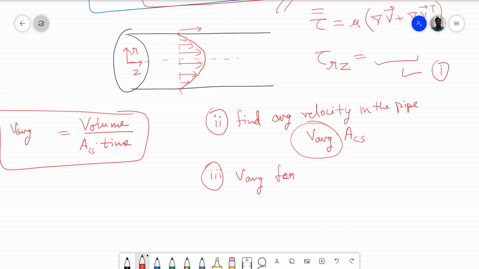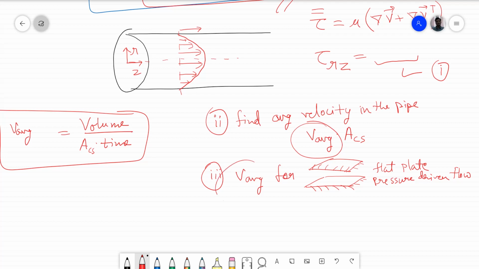So for parallel plate flow, for flat plate pressure driven flow case, all right.